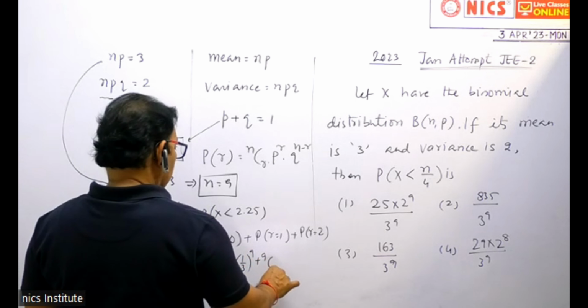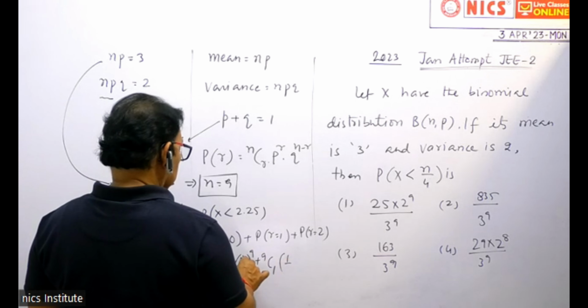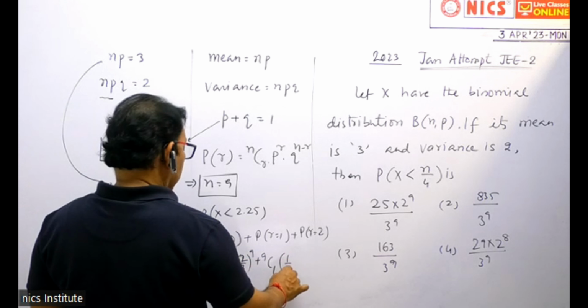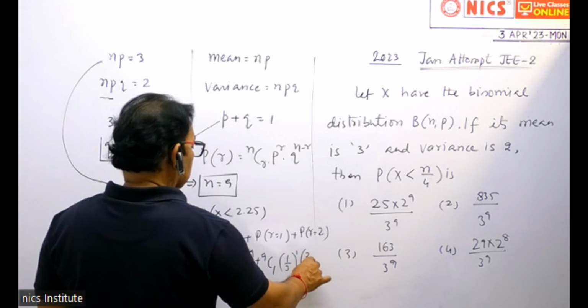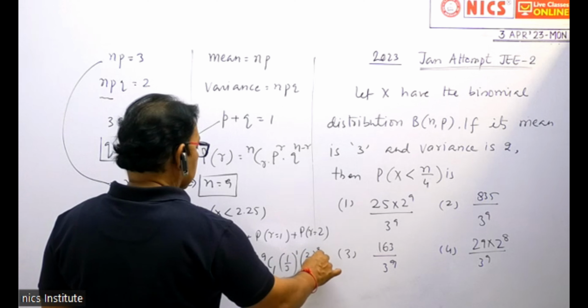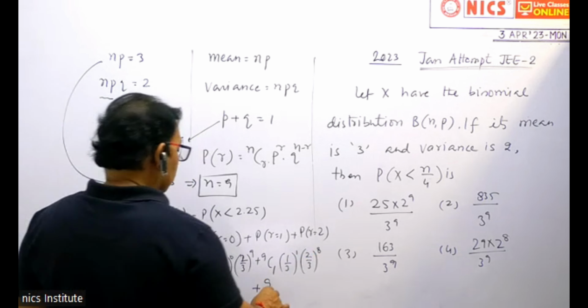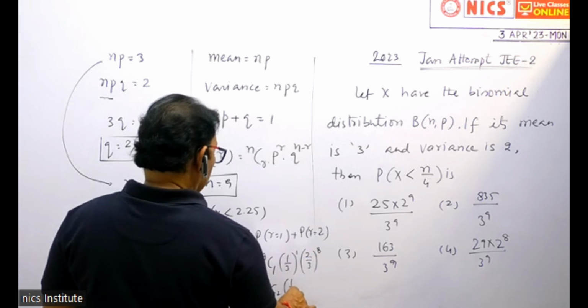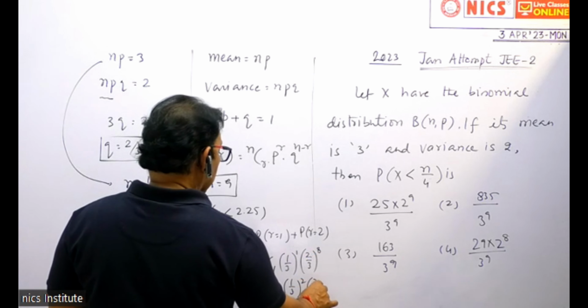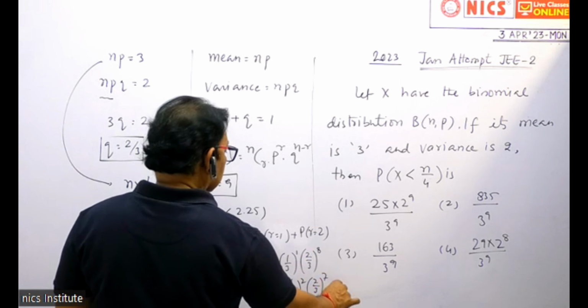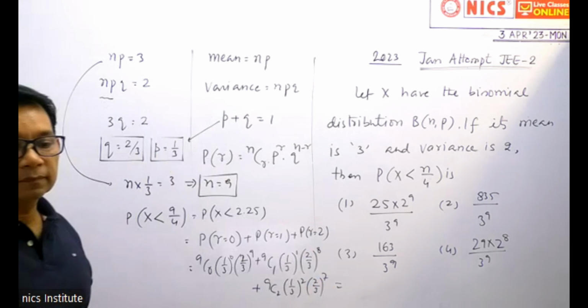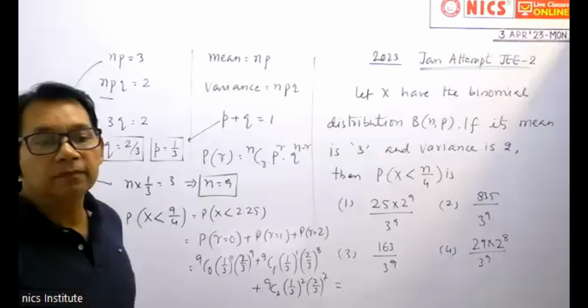This is 9C1, 1 by 3 to the power 1, 2 by 3 to the power 8, then 9C2, 1 by 3 to the power 2, 2 by 3 to the power 7, and simplify.